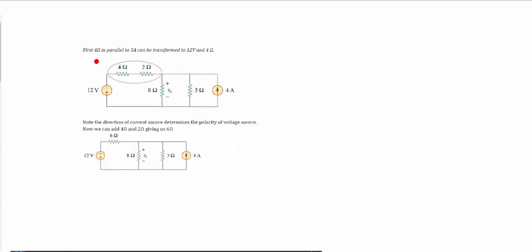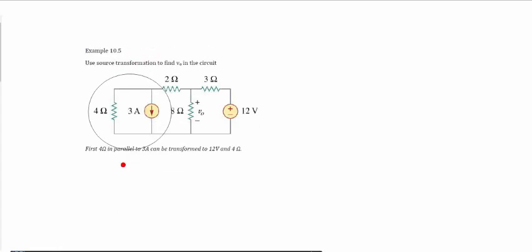From the previous example, how will we calculate the voltage? We do that by V is equal to IR. We have a current which is 3 and a resistor which is 4, so this gives us 12 volts.